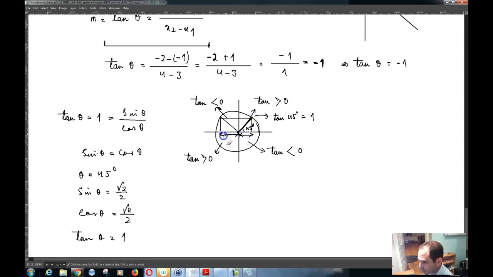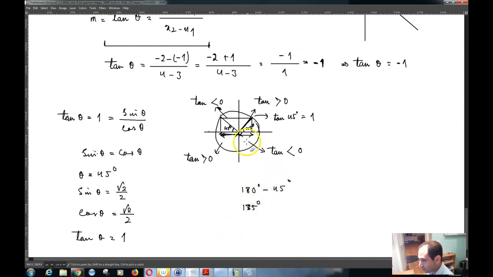If I draw this circle to scale, these would be the same distances. So that means that this angle over here is also 45 degrees. So now this angle is 180 minus 45, which is the same thing as 135 degrees.